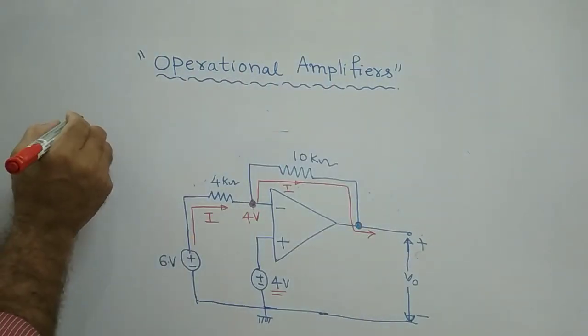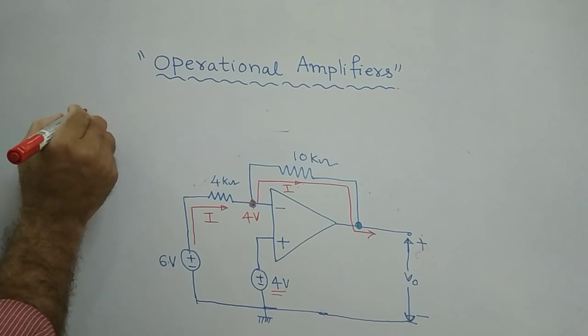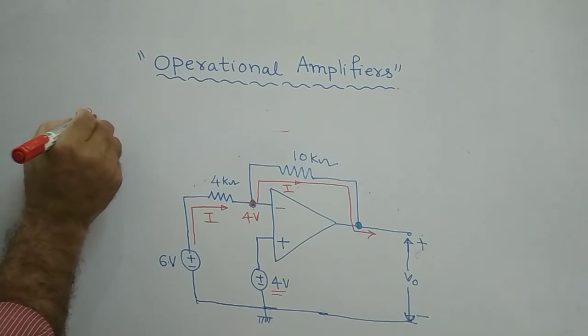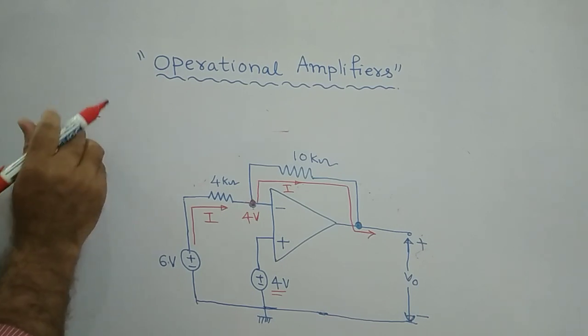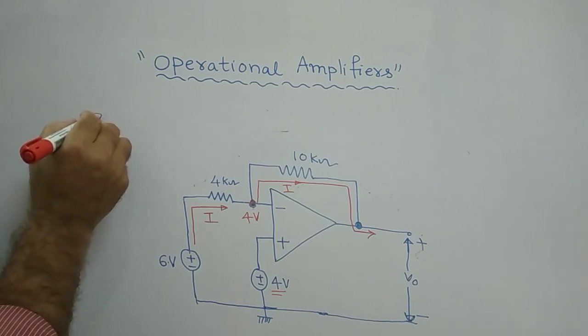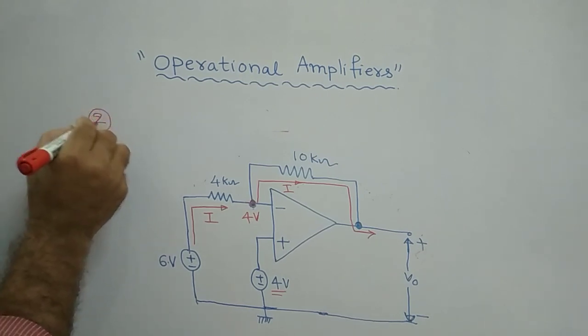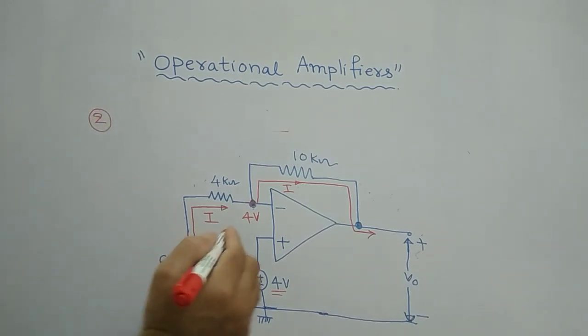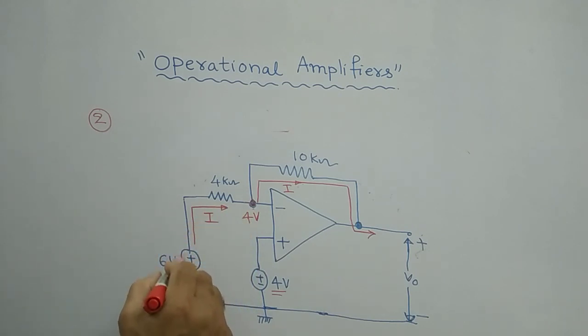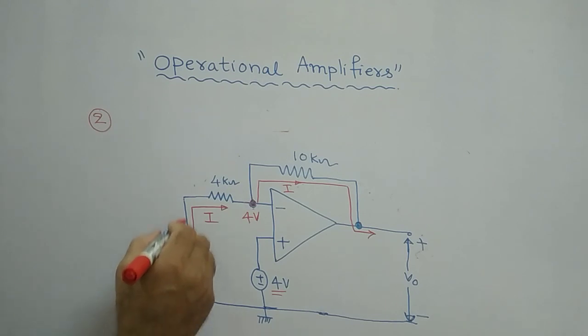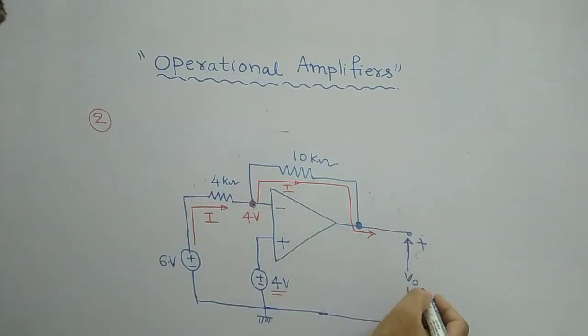Now using the second method, let us consider the voltage V1, which is 6 volts. With respect to 6 volts, the corresponding output can be considered as V01.